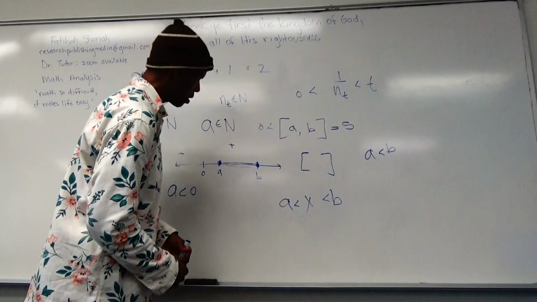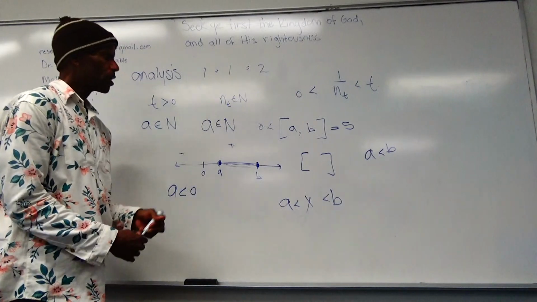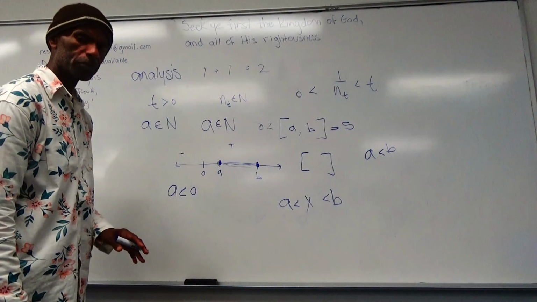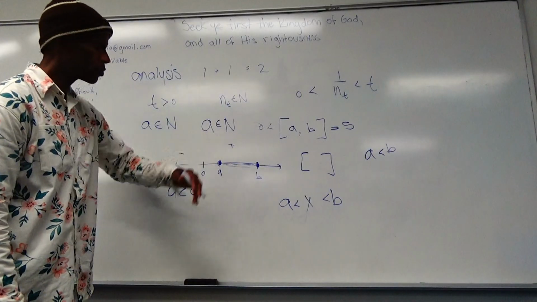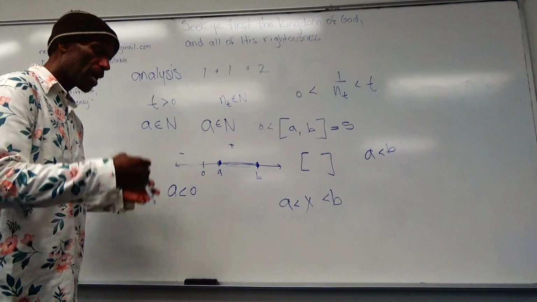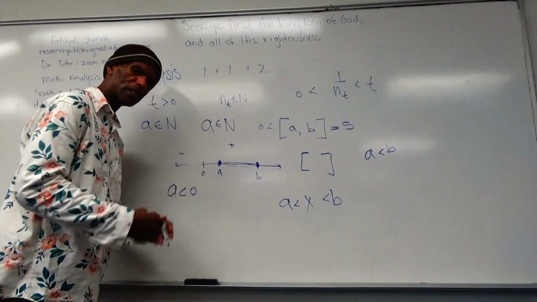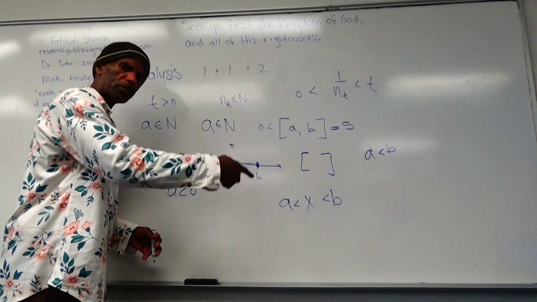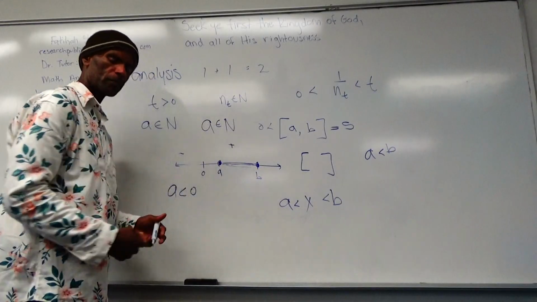Well, the answer is no, because there are no negative numbers in the natural number set. So A has to be a positive number, because the first number in the natural number set is 1.